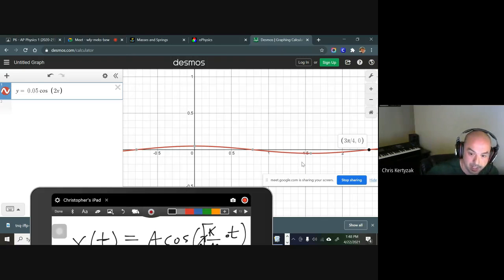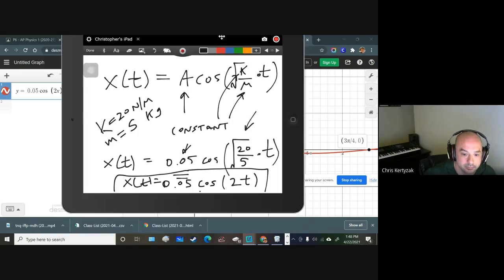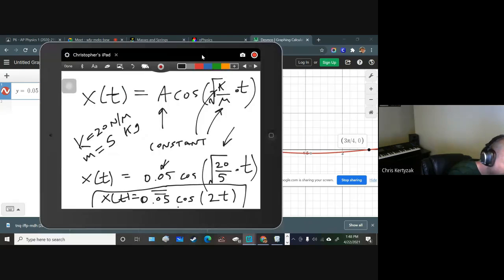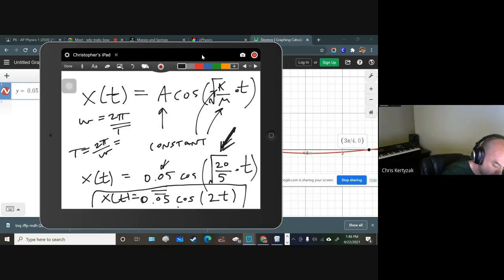Right? And if I were to come back to here, remember we have this. Omega, as we just worked it out, was square root of 20 over 5, which came out as 2. Then I have 2 pi over 2.